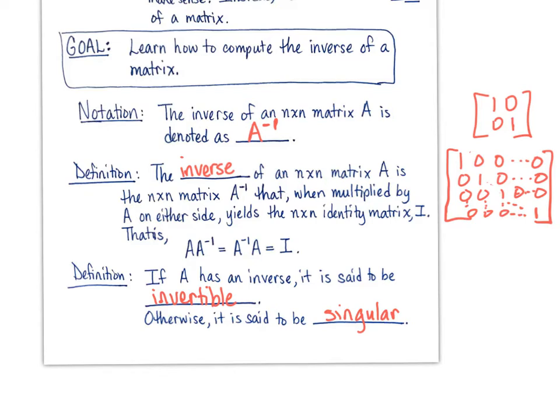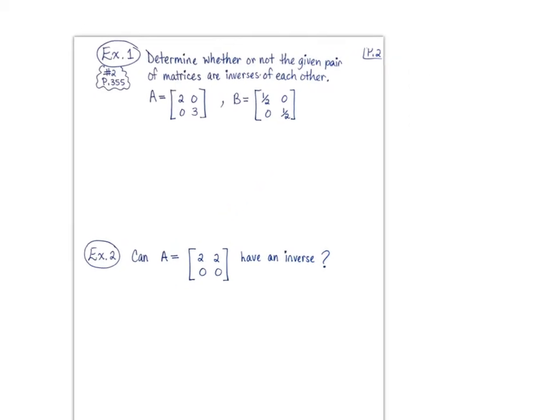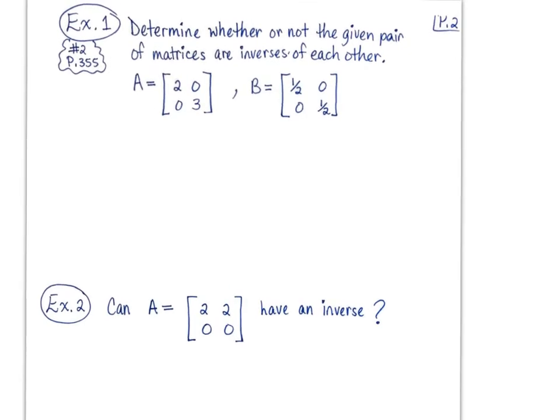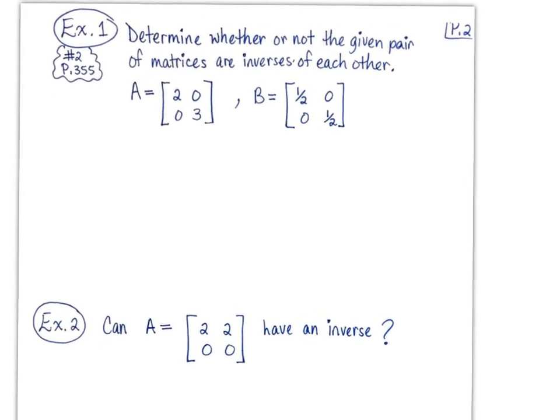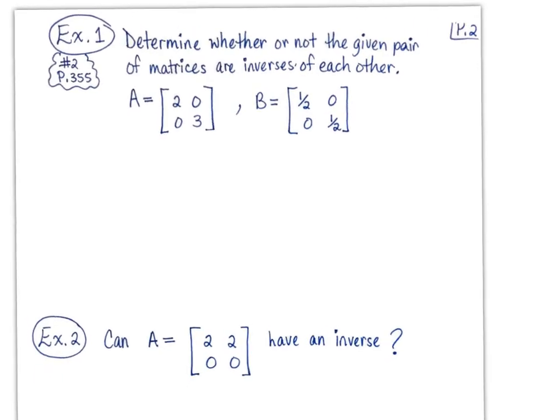Now we're going to go through some examples. Example 1: we are going to determine whether or not the given pair of matrices are inverses of each other. If they are inverses of each other, what do we know based on what we just discussed?